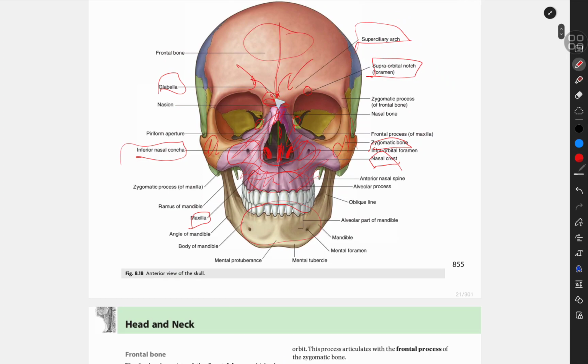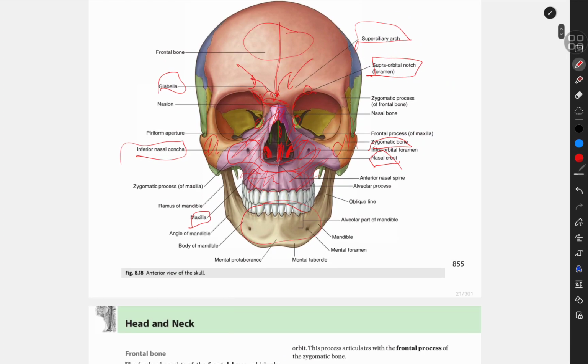So here, the medial rim of the orbit and also the nasal process of the frontal bone.